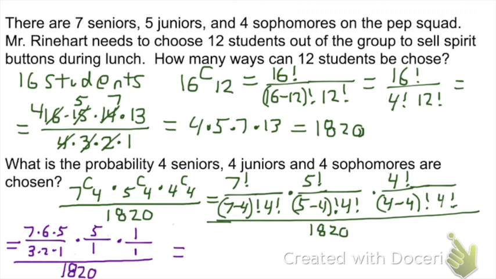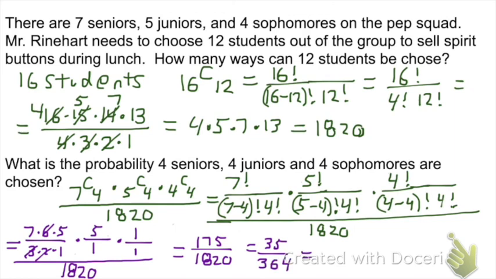We then simplify our numerator. We have 3 times 2, which cancels out to 6. So we have 7 times 5 times 5 all over 1. We just have 7 times 5 times 5, which is 175 divided by 1820. And then we start simplifying this down, right? They're both divisible by 5. 5 goes in 35 times. 5 goes in 364 times.